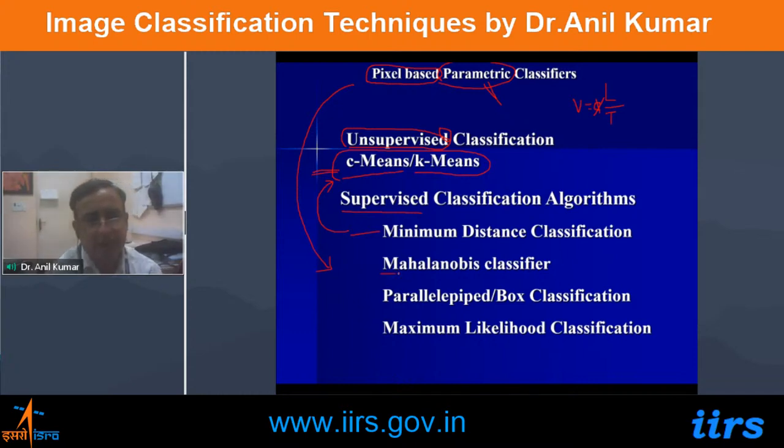The second one is Mahalanobis distance. There is a small difference between both. The minimum distance uses only the mean, but this one uses mean as well as variance and covariance. Mahalanobis is an Indian name, a Bengali person from West Bengal, India. He gave one distance using variance and covariance, and that distance is named after his surname: Mahalanobis distance or Mahalanobis classifier.